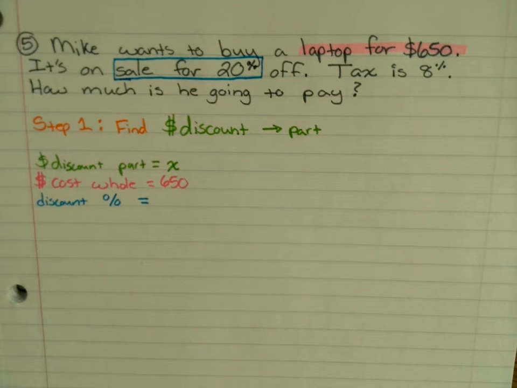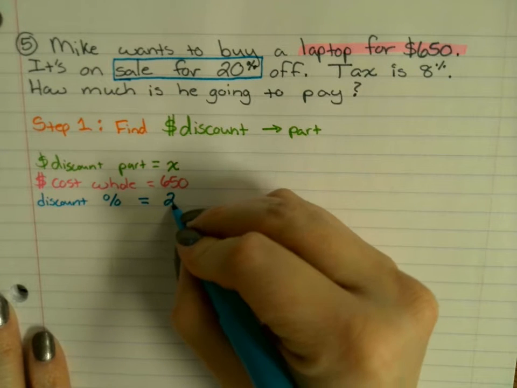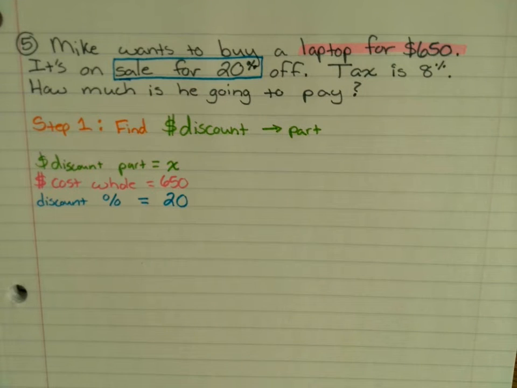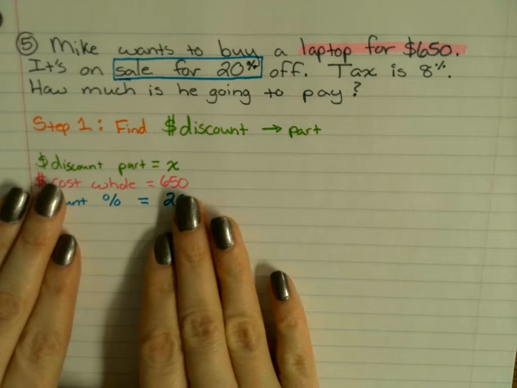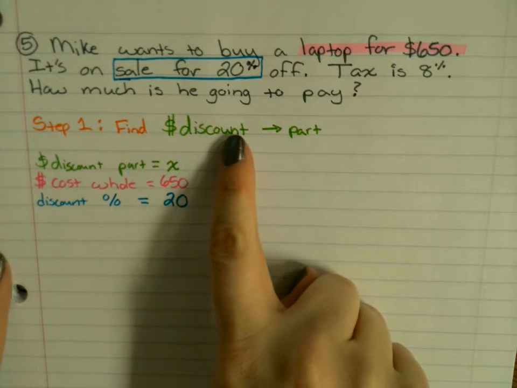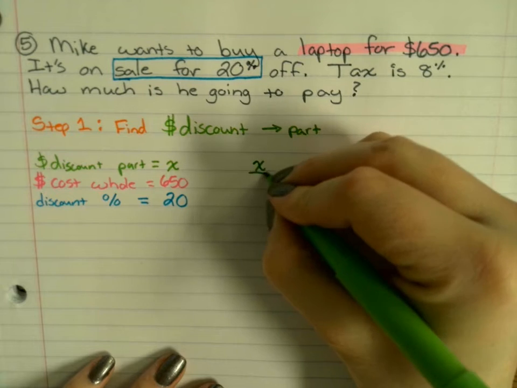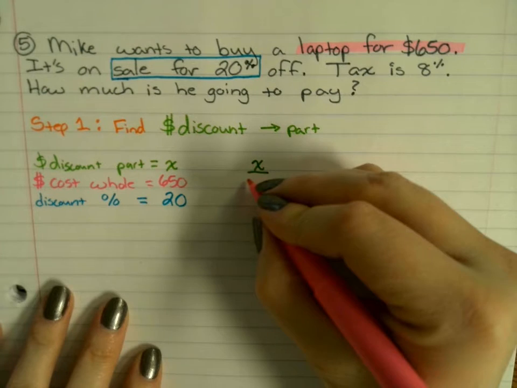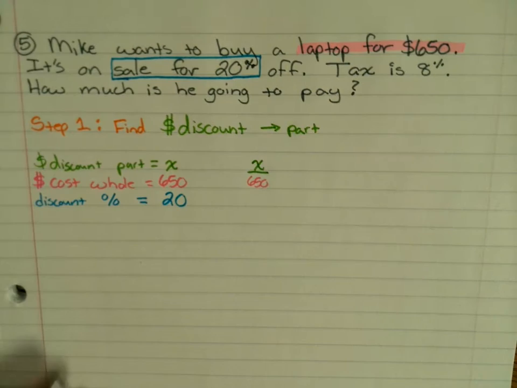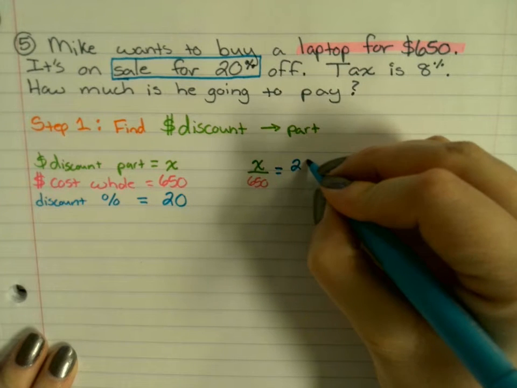So my discount percent is going to be 20. So once we've got this information, we can find out what the discount in money form is going to equal. So we just set it all up. We're going to do X over 650 equals 20 over 100.